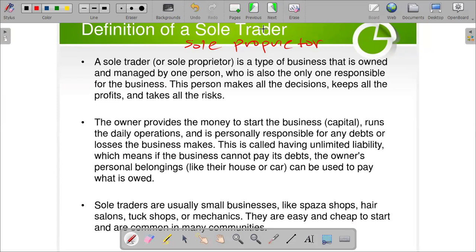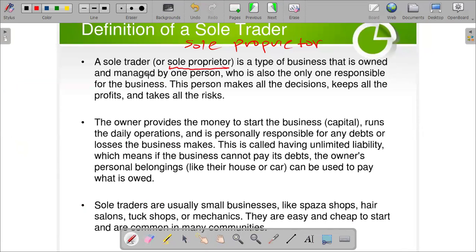So if you see these two terms, they simply mean one and the same thing. So don't be confused by one term and think it's more difficult. It's one and the same thing. So it says here, a sole trader or sole proprietor. You see, here's the second. It's one and the same thing.